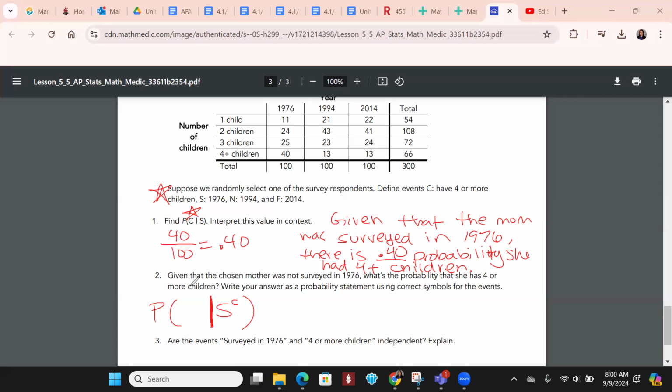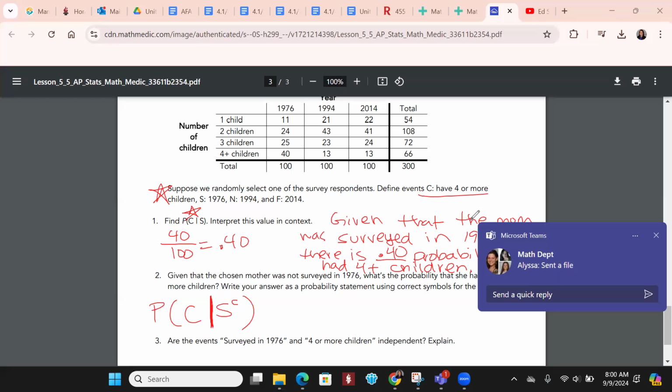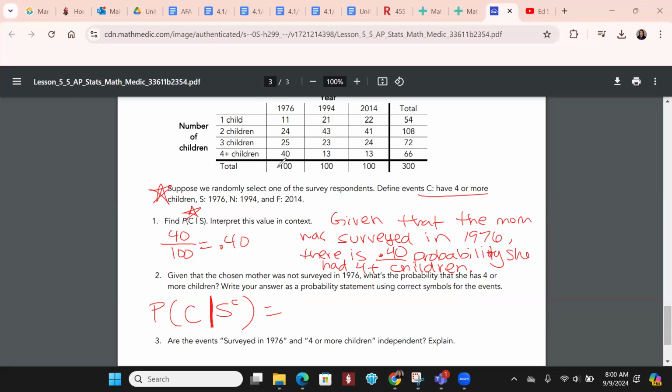The probability she has 4 or more children, represented by C. So we're saying the probability of C given S not. S not would be 1994 and 2014, which together is 200. Out of the 200, how many had 4 or more children? 26, because 13 plus 13. When we plug that into our calculator, we get 0.13.